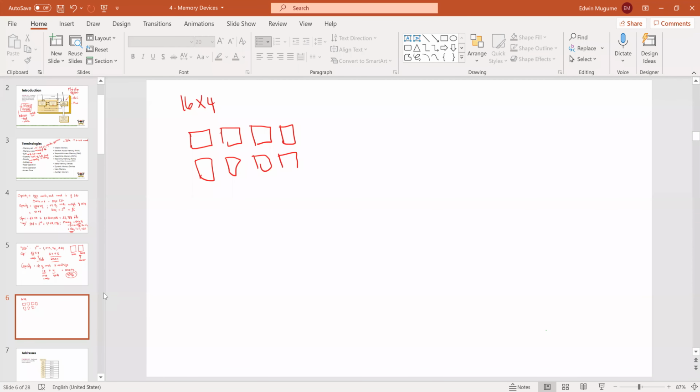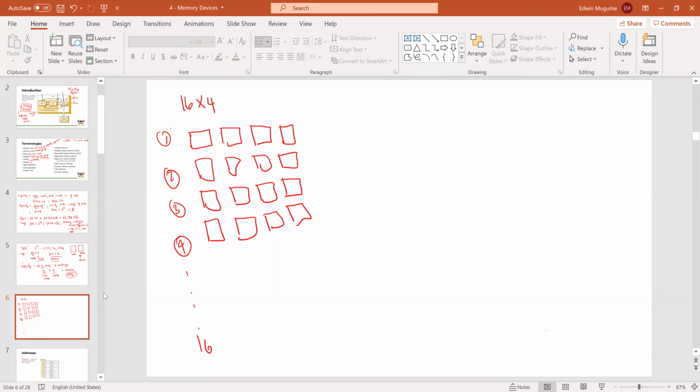It doesn't matter how you arrange these, but we are going to see actually that they are arranged in terms of some form of array. And so let's say this is your memory, 16 words. So this is 1 word, 2 words, 3 words, 4 words, and so on, up to 16, each one has a word length of 1, 2, 3, 4.